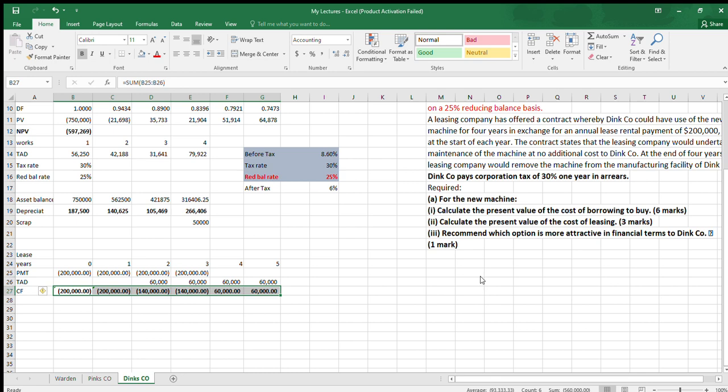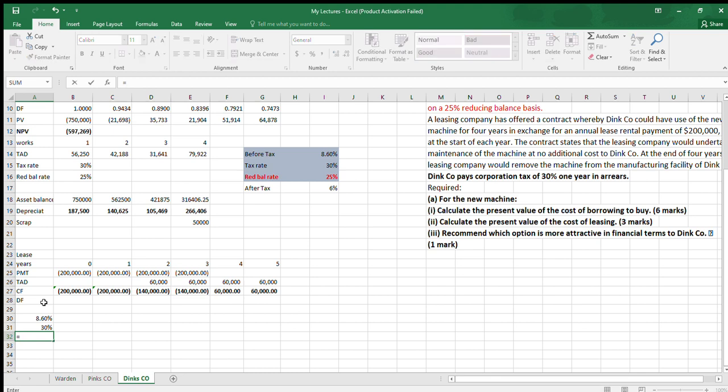Now from your net cash flow, you use your discount factor. The before-tax rate was 8.6%. Our tax rate is 30%. So our after-tax rate is the 8.6% multiplying bracket open 1 minus this 30%, which is 6%.